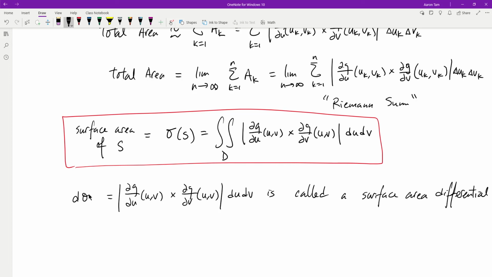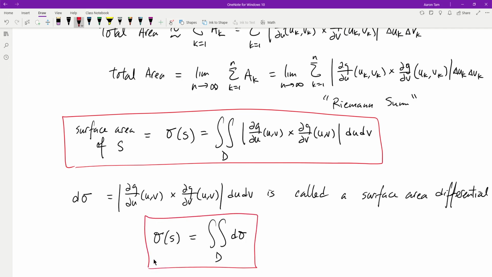And so therefore you can think of the surface area of S as being equal to the double integral over D of d sigma. A kind of condensed version of calculating the surface area.